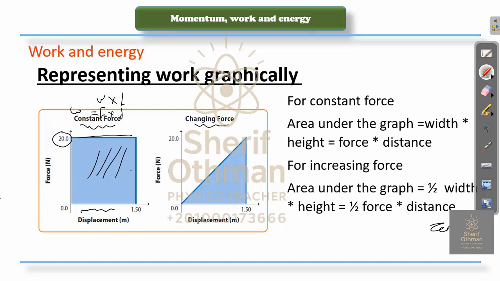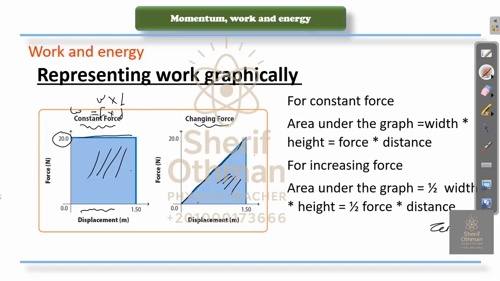In the same way, if the force applied on an object is a changing force, an increasing force, it will be represented by a slope starting from the origin. By increasing the amount of force through the distance moved by the object, the area under the slope will be represented by a triangle.